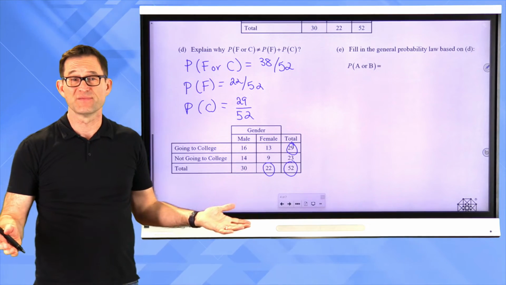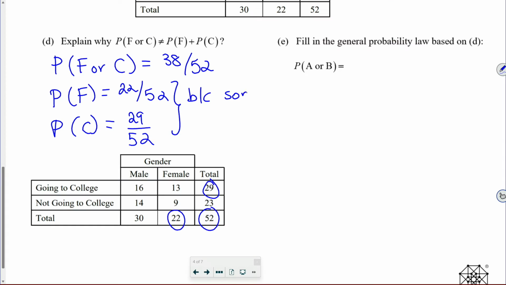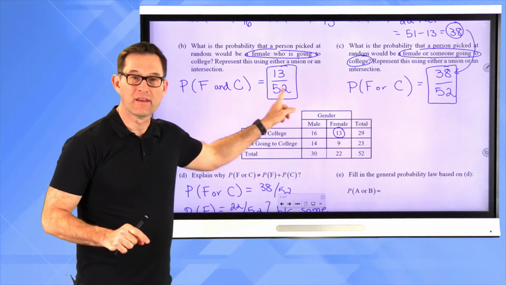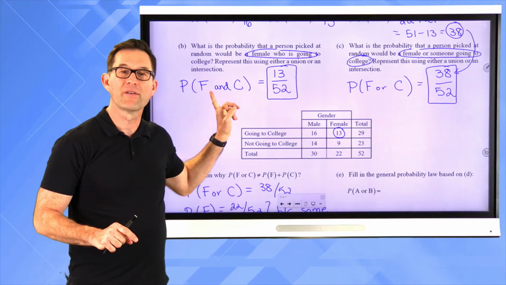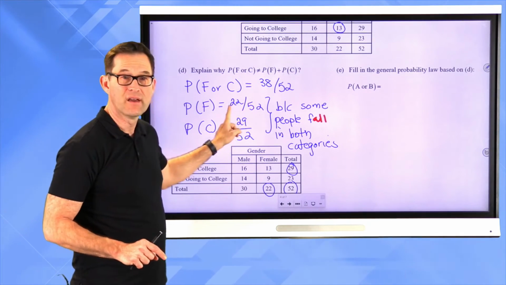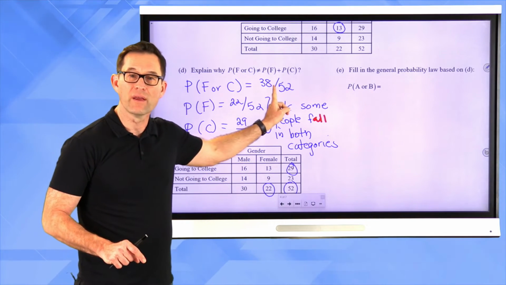And again, same song, second verse, because some people fall in both categories. Specifically, the people who are right here, the people who fall into the category female and college get counted in this, and they get counted in this, and so those two added together don't equal that.